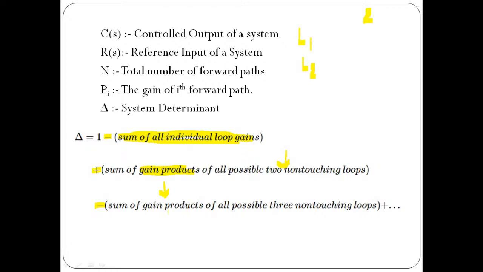In this way, if you're interested to find the next bracket, it is going to be plus, in bracket the summation of gain product of all possible four non-touching loops. So here we need to take four non-touching loops and so on, and the formula keeps on repeating. Then here we need to take minus, then in bracket it is going to be the summation of gain product of all possible five non-touching loops and so on.